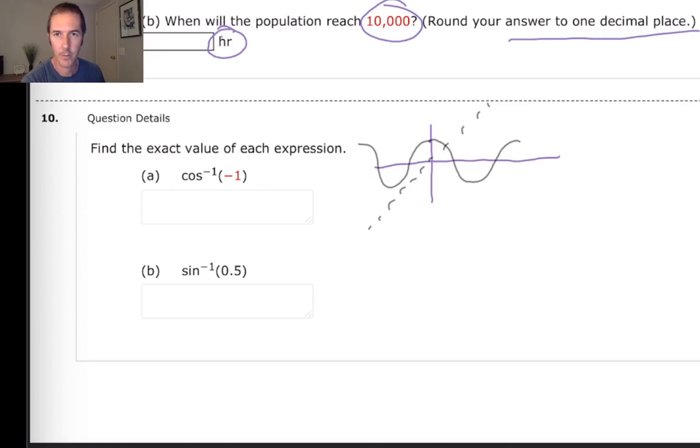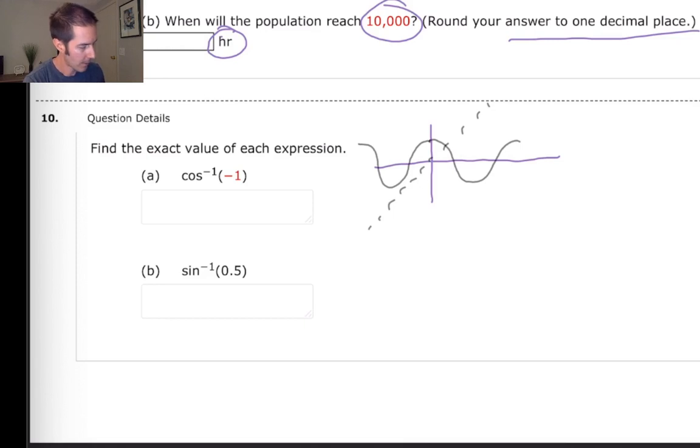You ask yourself, does it pass which test? The horizontal line test. Does this graph that I drew pass the horizontal line test? Big time, no. Over and over again, for infinity, it fails the horizontal line test. It passes the vertical line test, it's a function, but its inverse is not going to be a function.